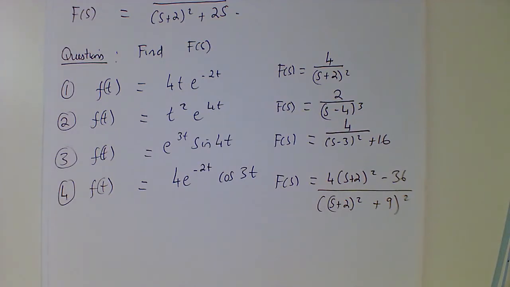Like that. And that last one there should cause you quite a lot of difficulty. But hopefully if you try those 4 questions, you're going to get a grasp of the first shift theorem.